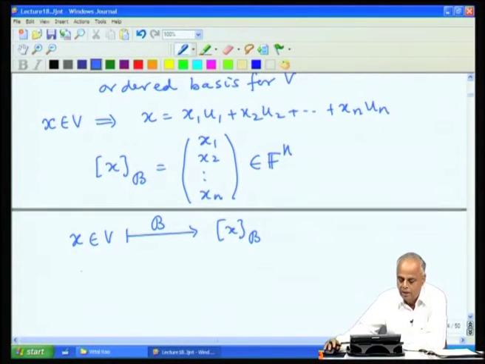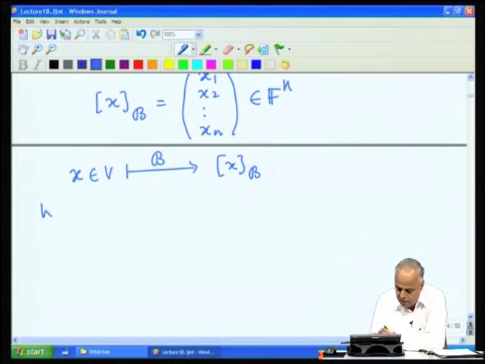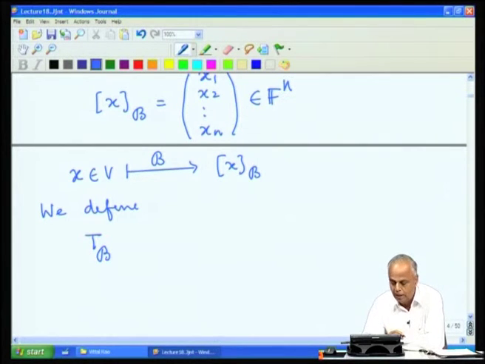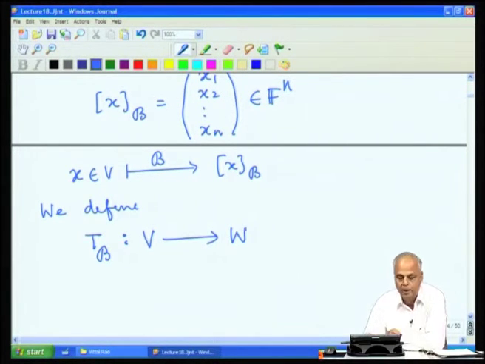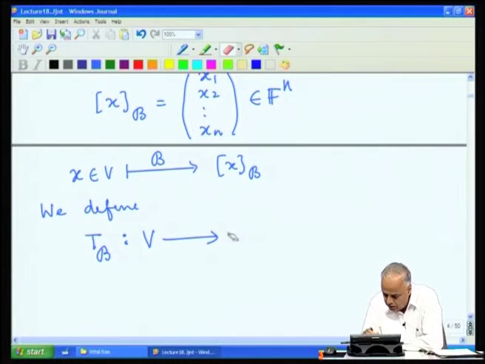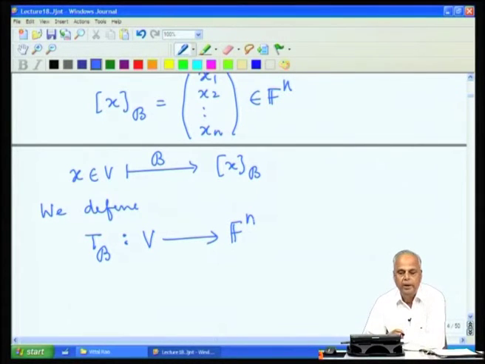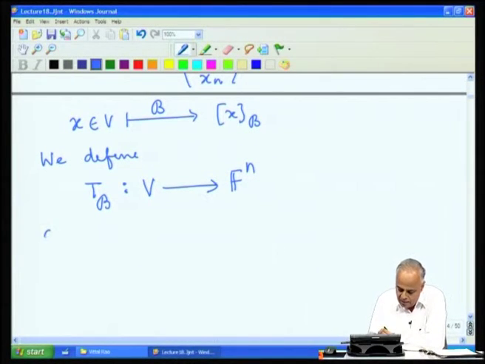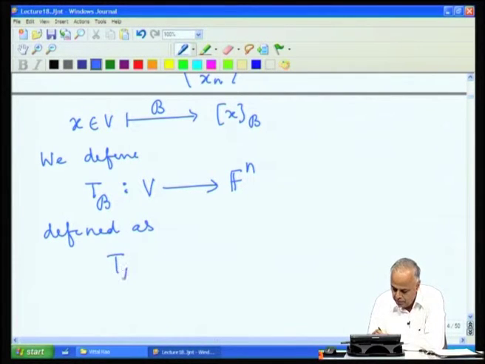Now, we consider this transformation. We define T, it comes out because of the basis B. So, we will call it TB, a transformation from V to Fn, defined as TB of x is xB.